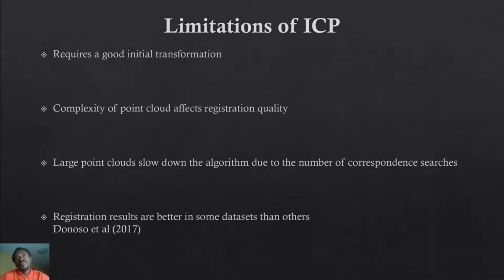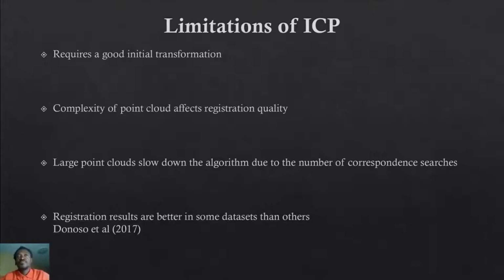The algorithm actually performs better when the shapes are similar, and the registration process converges with a smaller initial transformation. Large point clouds have also been noted to slow down the algorithm due to the number of correspondence searches to be made at each iteration.